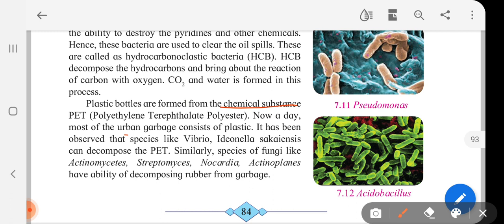Nowadays, most of the urban garbage consists of plastic. So, it has been observed that species like Vibrio, Ideonella, Psychrobacter can decompose PET. Similarly, species like Actinomycetes, Streptomyces, Nocardia, Actinoplanes have the ability of decomposing rubber from garbage.